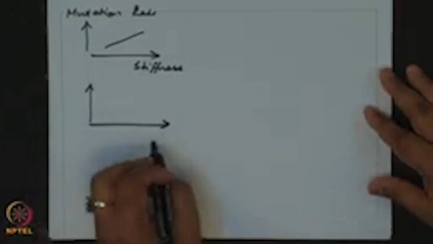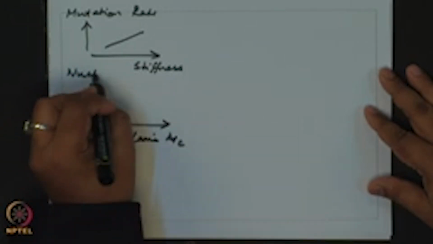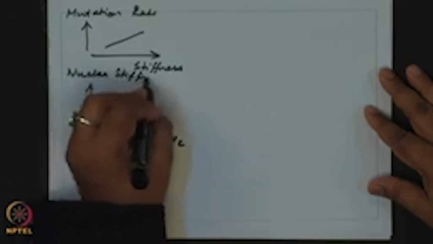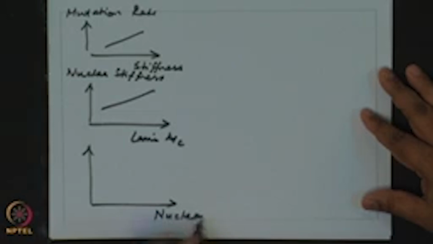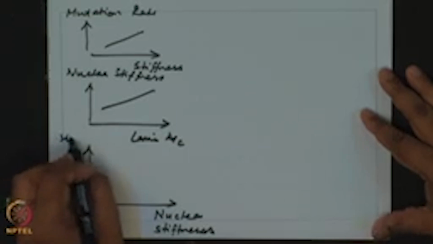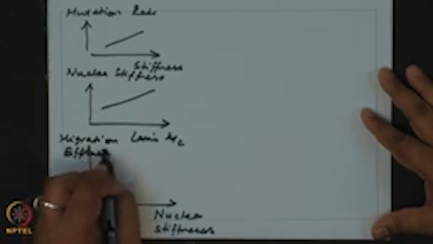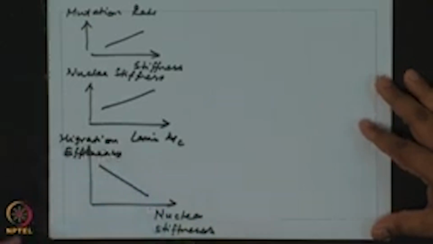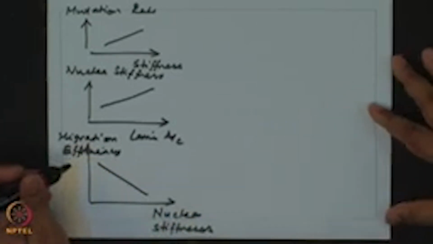Lamin AC and nuclear stiffness are also positively related, and nuclear stiffness and migration efficiency have a negative correlation. If the nucleus is very stiff, then it is less efficient in migration.